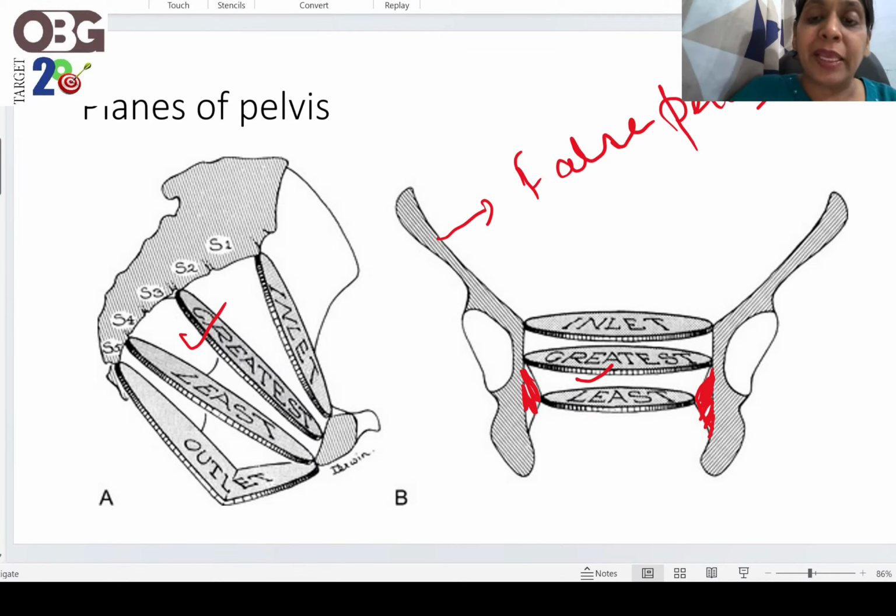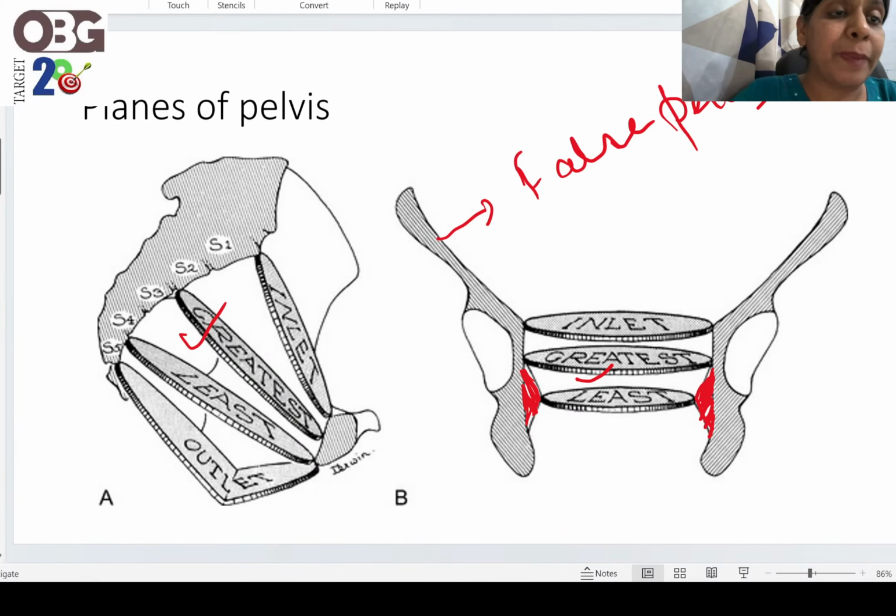All the narrow, obstructed areas are of obstetric value, because the fetus has to pass through this plane. So it is very important obstetrically whether delivery will occur or not.